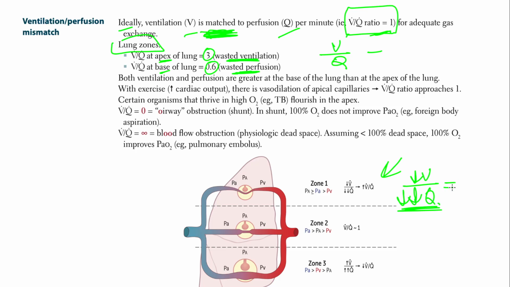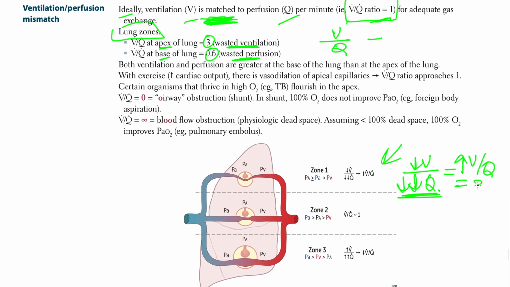That's going to lead to an overall increase in your V/Q, equal to 3, the highest V/Q. Here we call it wasted ventilation. This ventilation is wasted.